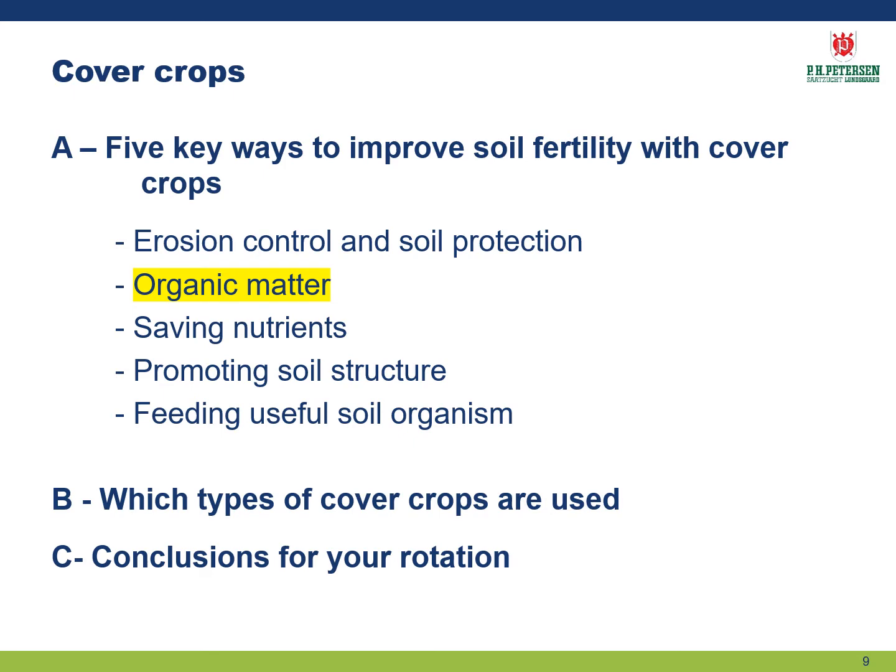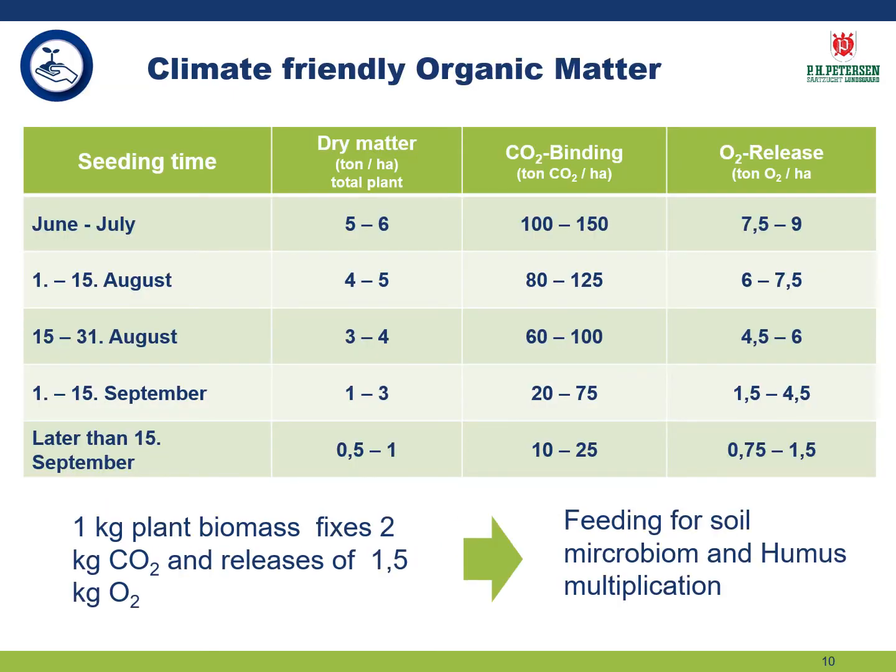Organic matter. There's a strong relation between sowing time and organic matter production. If you have a seeding time in June, July, you easily produce 5 to 6 tons of dry matter with cover crops.